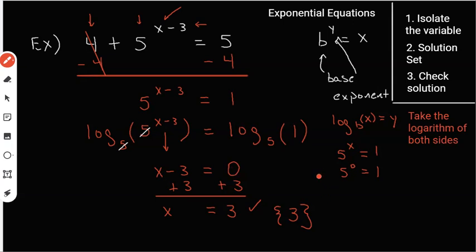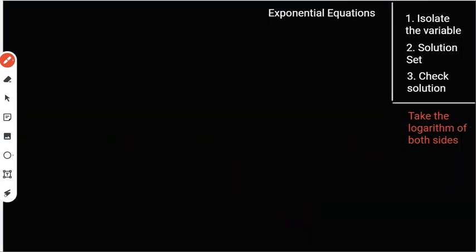Now to check it, I can start off with my original equation that they gave me. So I have 4 plus 5 to the x minus 3 power is equal to 5. And we're checking x equals 3.